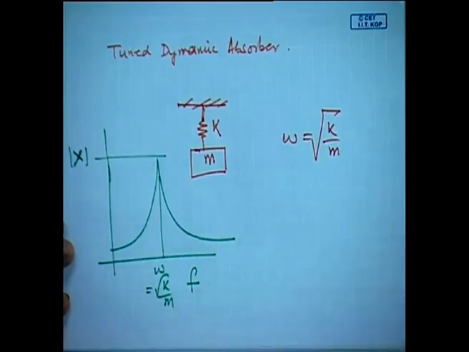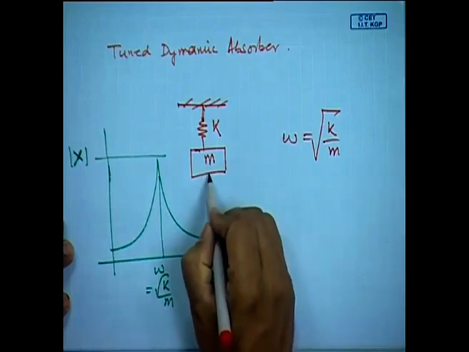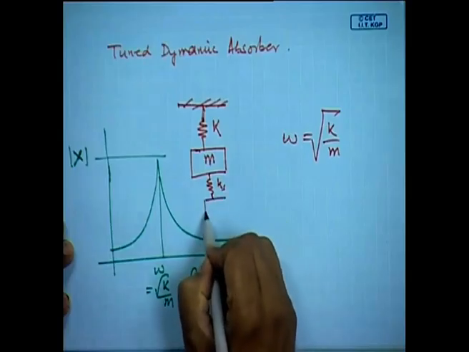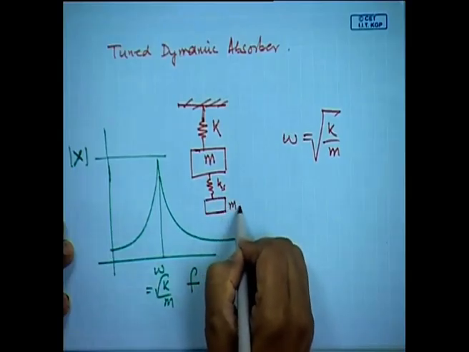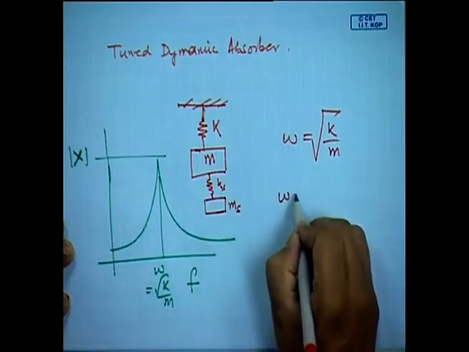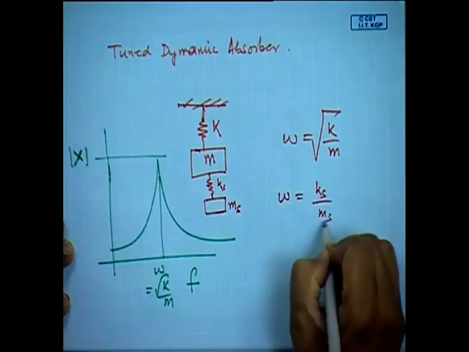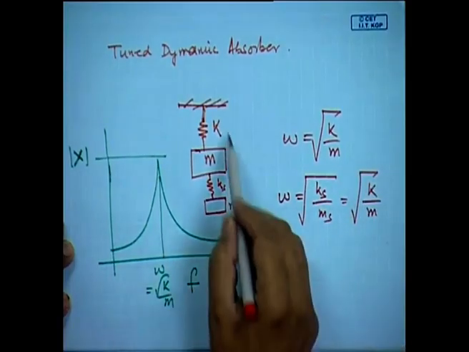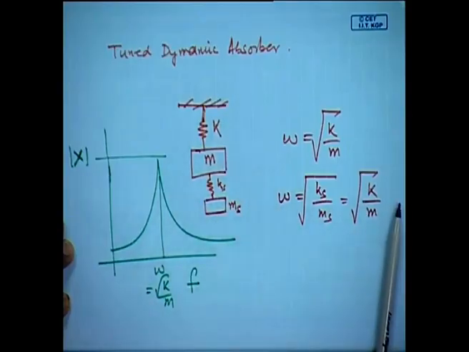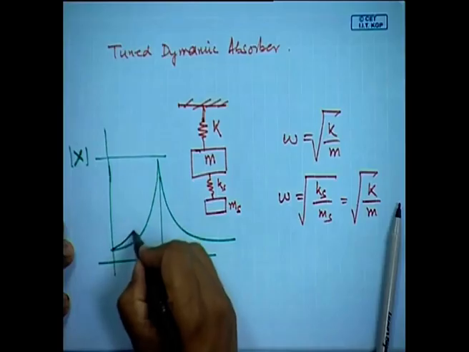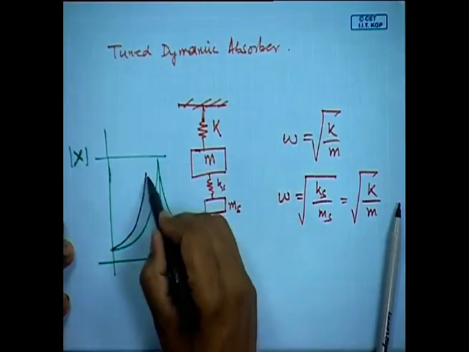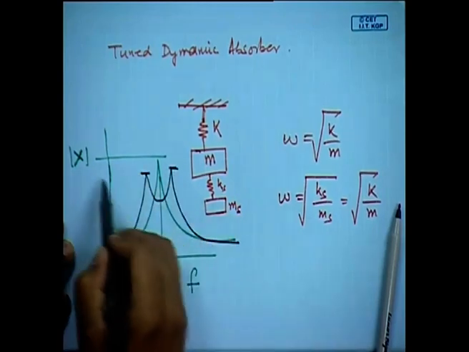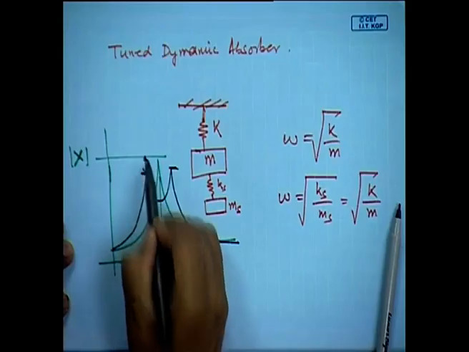So, what I could do is I could attach to this system another system wherein this omega is also equal to root over ks by ms. This system now is going to have a response which will look something like this, because there are two bodies, there will be two natural frequencies, and there will be a natural frequency shift, and most important thing is this amplitude of vibration has reduced.